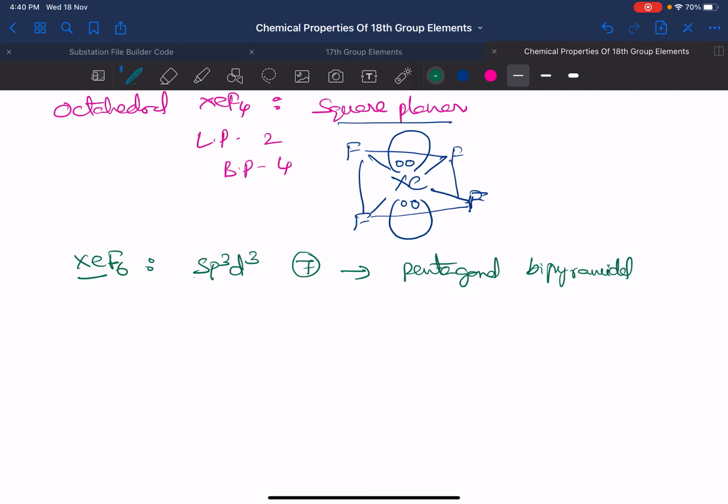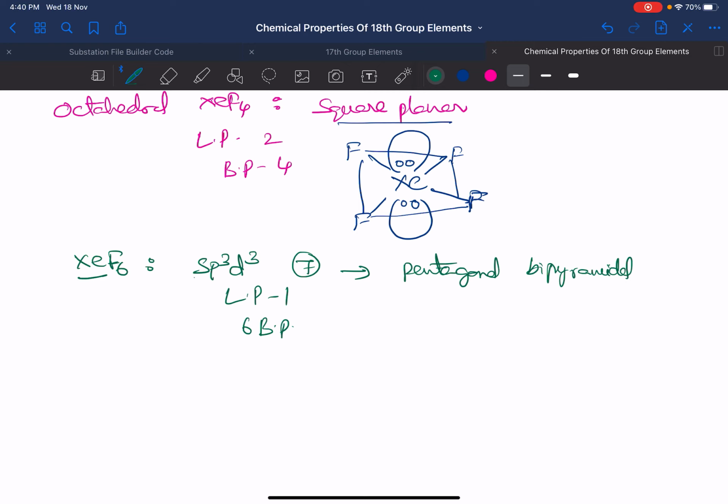Whereas this structure is converted. Here we go for the lone pairs and bond pairs. There is one lone pair and 6 bond pairs.